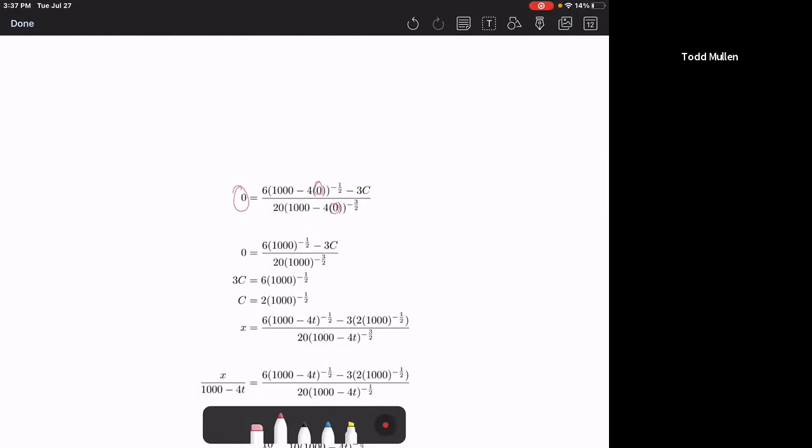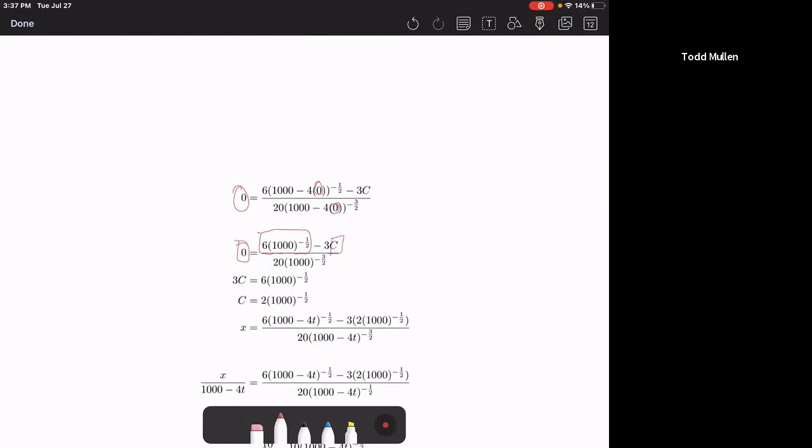So some of these bits will cancel out. And we're left with 0 is equal to 6 times 1,000 to the negative 1/2 minus 3c divided by 20 times 1,000 to the negative 3 over 2. And we're trying to figure out what c is equal to here.